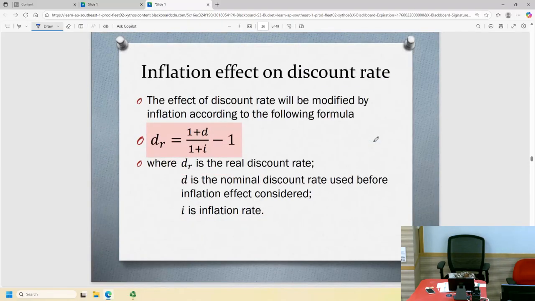And you may ask, for the discount rate, like buying something, like buying an iPhone, you know that there is inflation. So today, maybe the iPhone is $6,000.